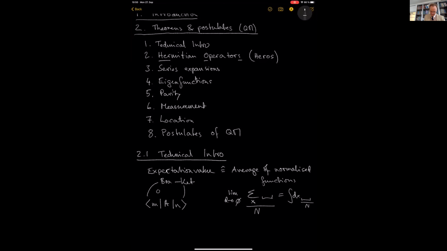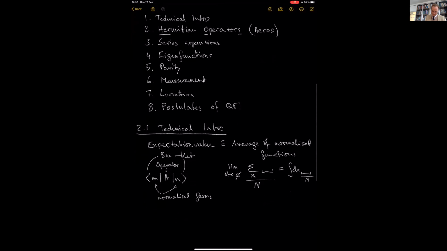This is the operator A. And these are our normalized functions. So this is how we write an expectation value in quantum mechanics in the electronic structure context.